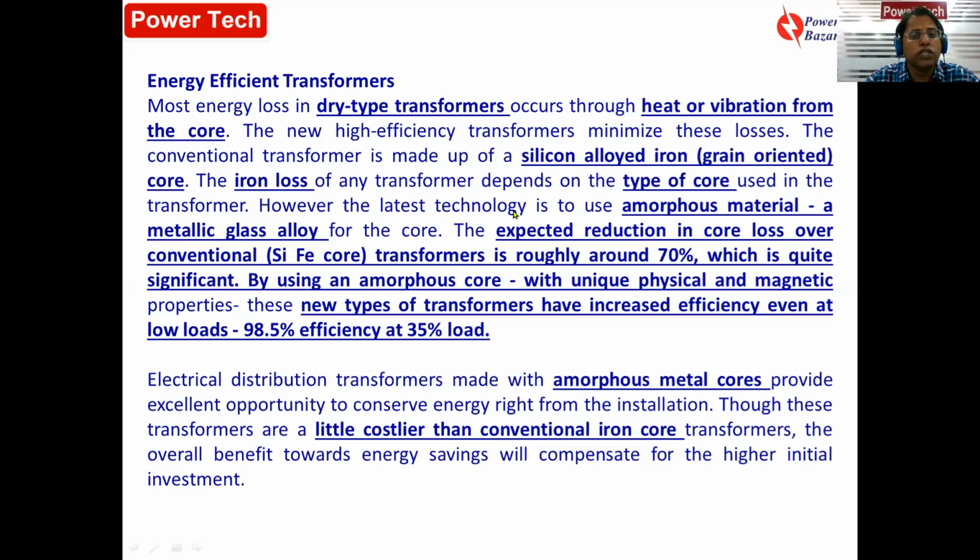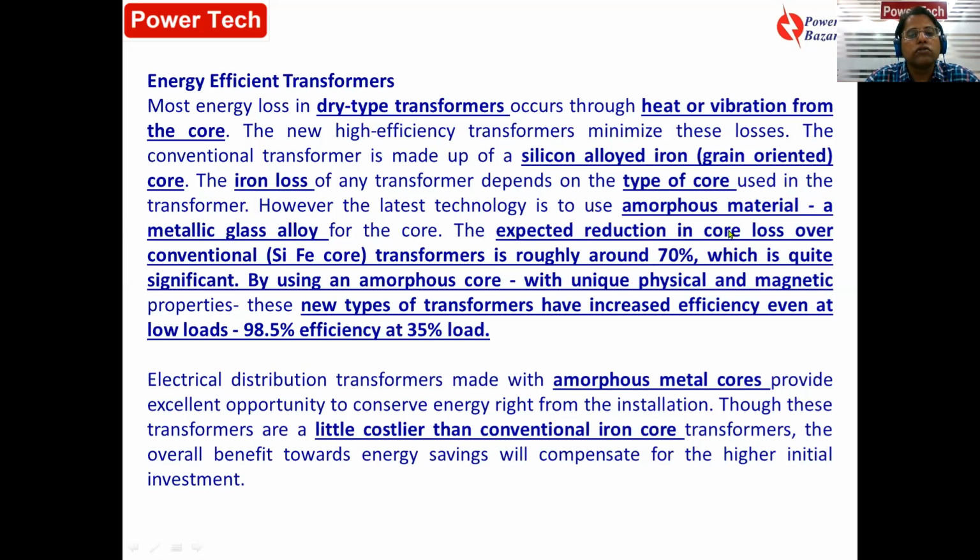Now the recent technology is amorphous material. This is a metallic glass alloy based core which is used in the transformer, and because of this core, the core loss reduces by around 70%.